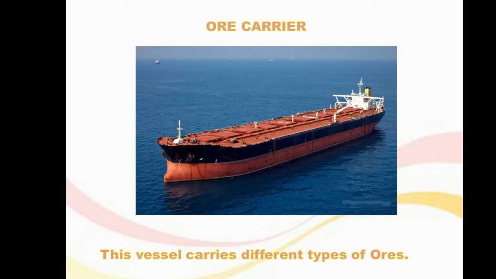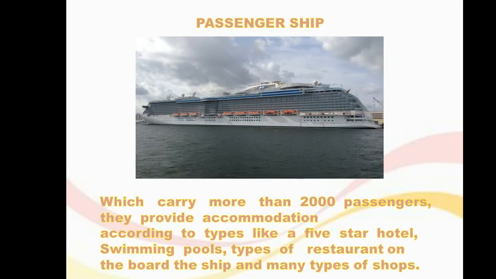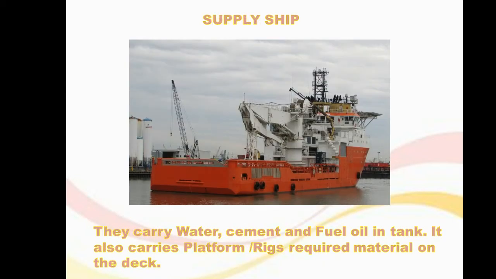There used to also be an oil-ore carrier, carrying ore and oil in two journeys, because one way you discharge and you come back empty. So these kinds of ore-oil carriers were popular sometime in the past. Of course, there is passenger shipping, cruise liners, and they are like a 5-star hotel with great luxury amenities.